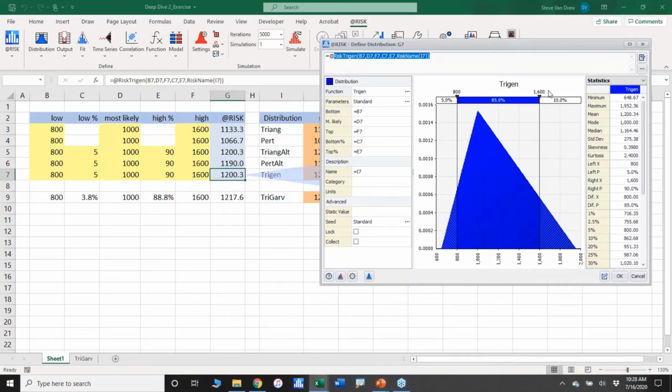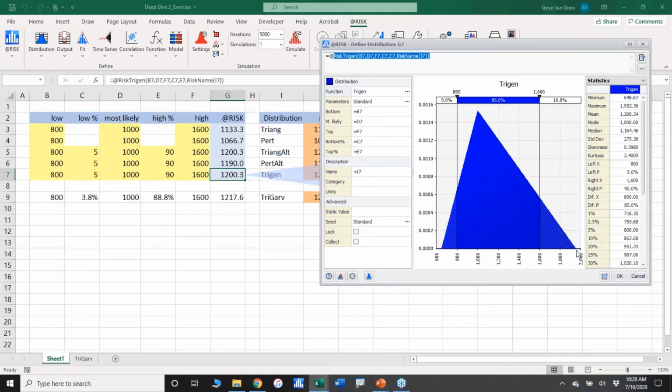So the 800 and 1600 that we were calling low and high are actually points where there's 5% below it, coming all the way down to a min of 648.67, and 10% above the 1600 had to go all the way out there.